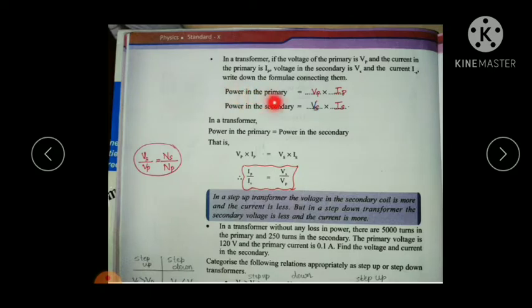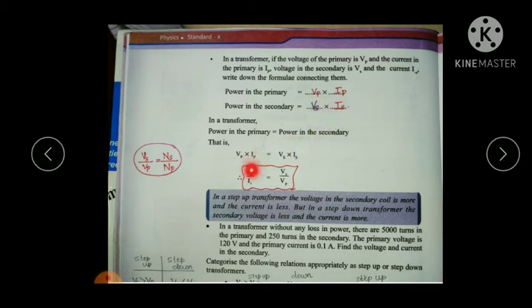Power is equal to voltage into current. So power in the primary is Vp into Ip, and power in the secondary is Vs into Is. If there is no loss of power, Vp into Ip is equal to Vs into Is.